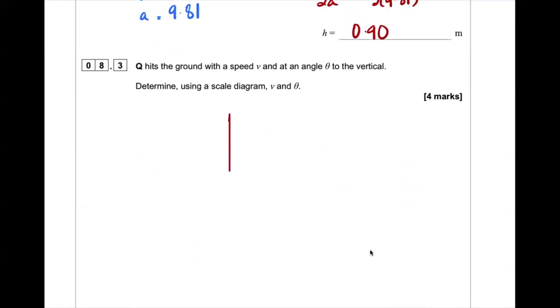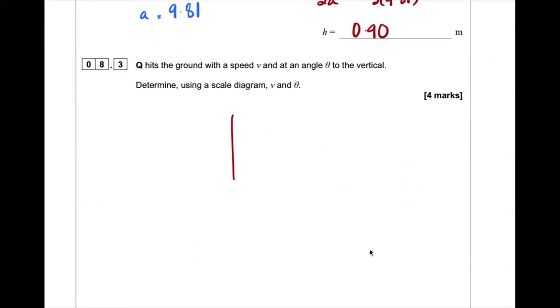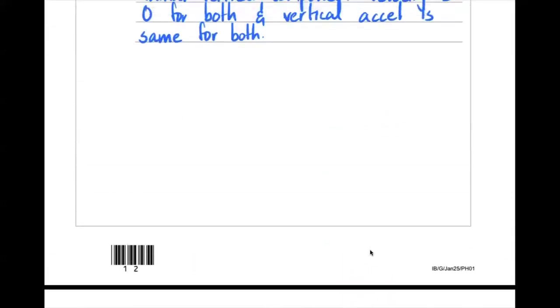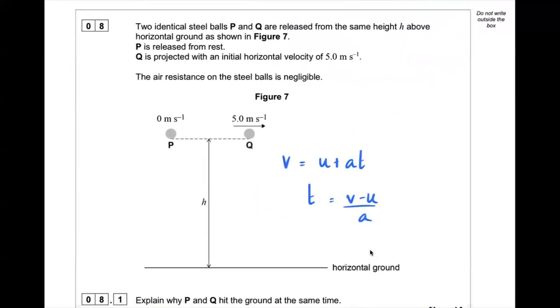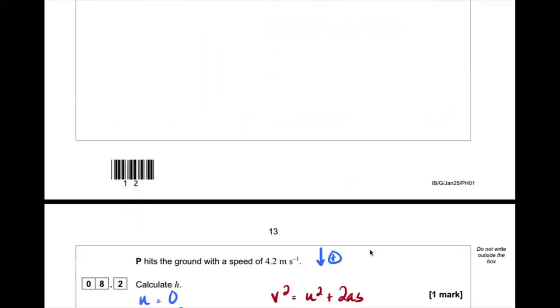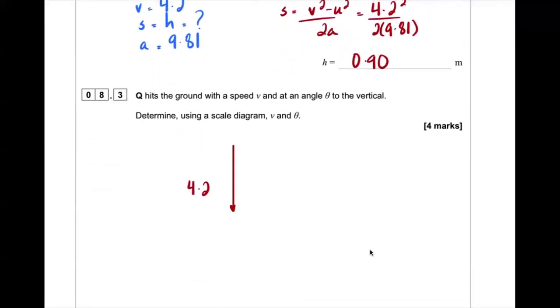So that's going to be 4.2 downwards. And because this is a case of projectile motion, the horizontal is going to stay the same throughout. Why is that? Because there's no horizontal force, so there's no horizontal acceleration. So then this is supposed to be 5.